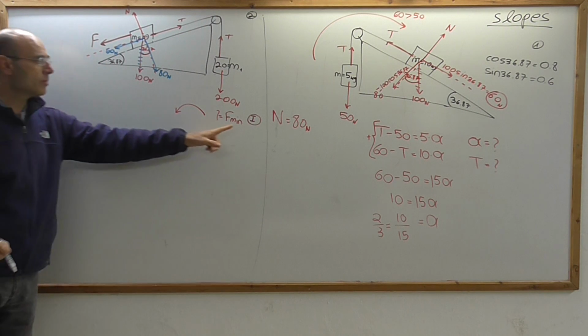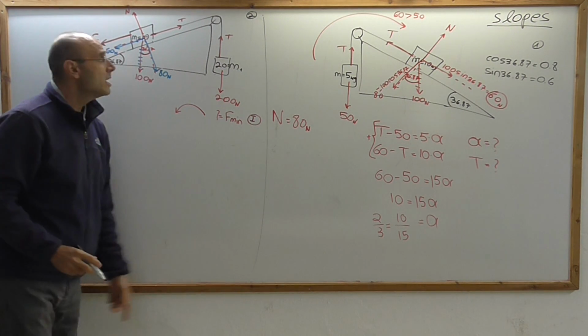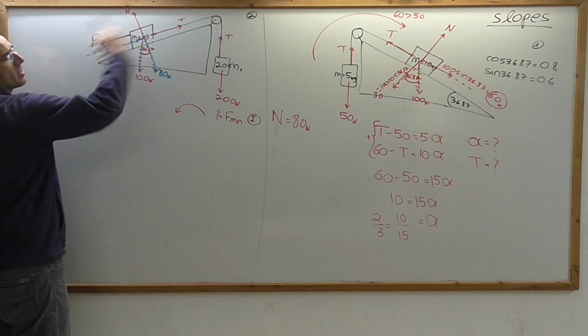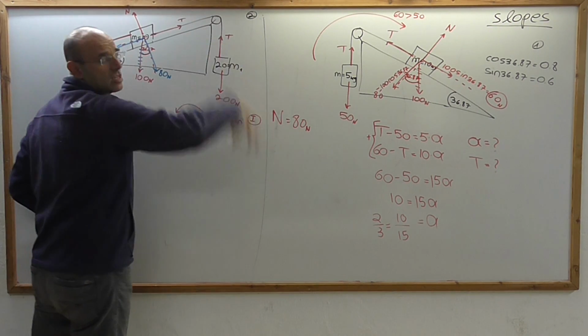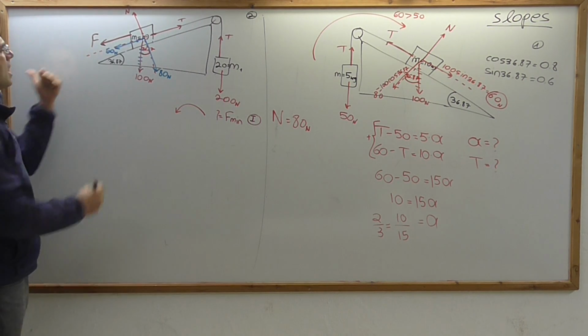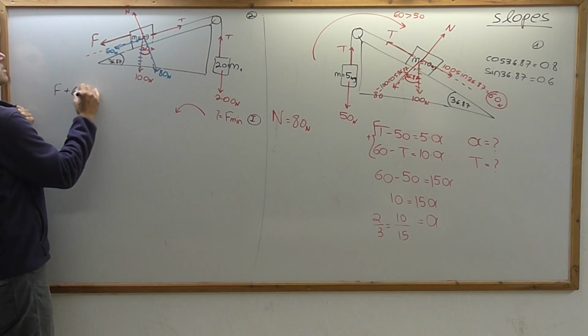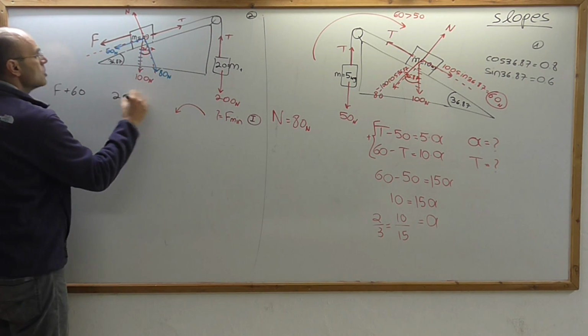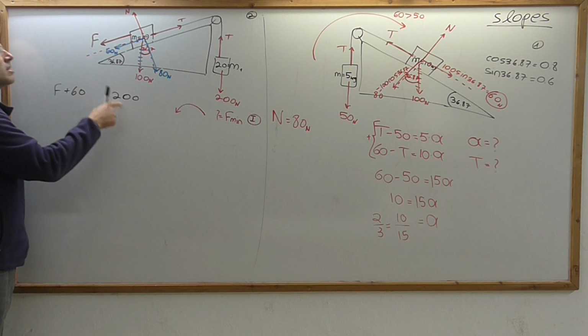Now let's answer this question. In order for this system to go that way, I need these forces to be bigger than these forces. Here I have F plus 60. Here I have 200. So this one must be bigger than that one.